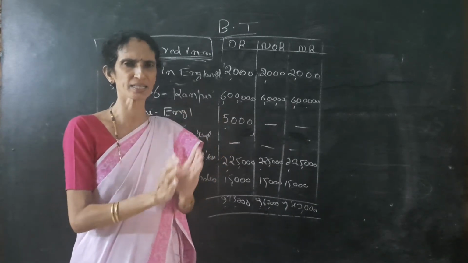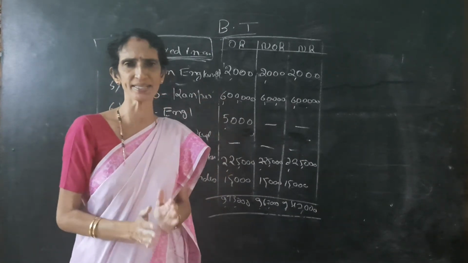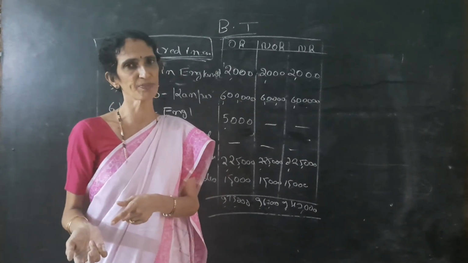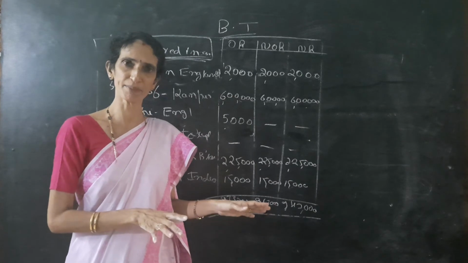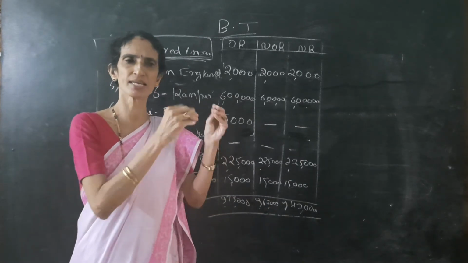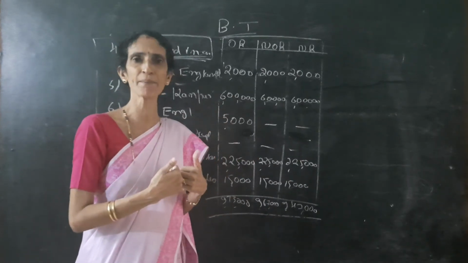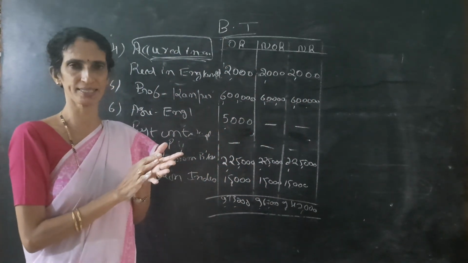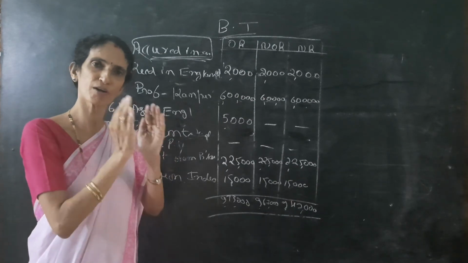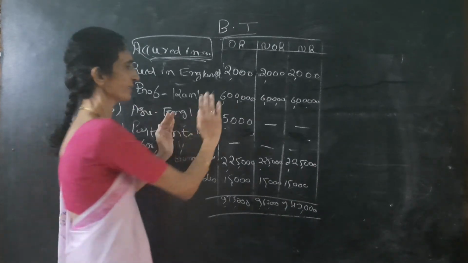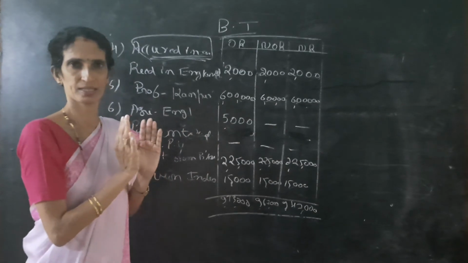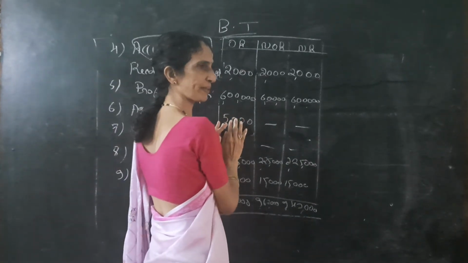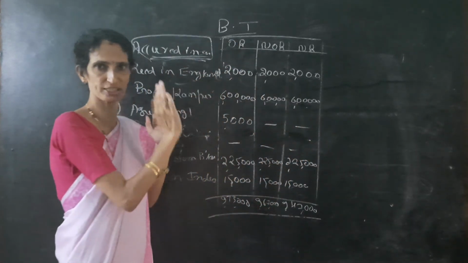If any income arises from India, it may be a profit from business, or from a house property, or any pension, anything which we get from India, then it is three columns yes. Then another important point: if the business is set up or controlled in India, then two columns yes. If any income of the foreign country, then it is first column yes, then all the columns dash dash.